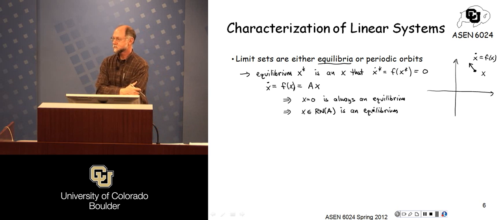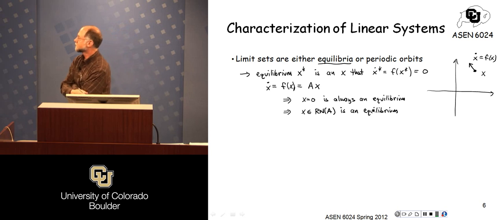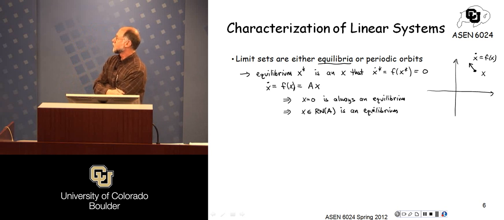If you assume A is 0, the trivial case, well, even if A is 0, it has a right null space. Everything's in it. Okay. So suppose there was some x that wasn't in the right null space, such that Ax equals 0.